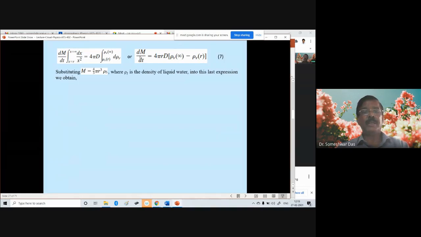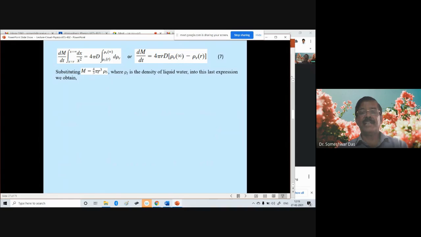Now substituting the mass of the spherical water droplet by the expression 4 by 3 pi r cube times rho L. You know that the volume of a sphere is 4 by 3 pi r cube, where r is the radius, and rho L is the density of the liquid water. So this is the mass of the spherical cloud droplet having liquid water inside it.